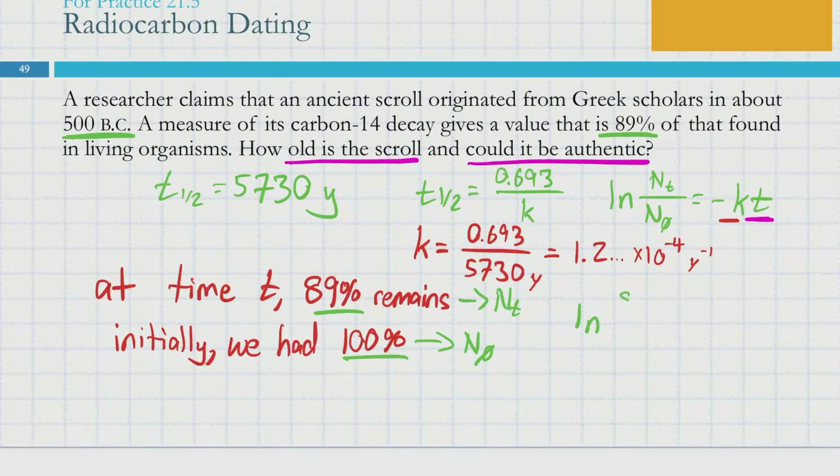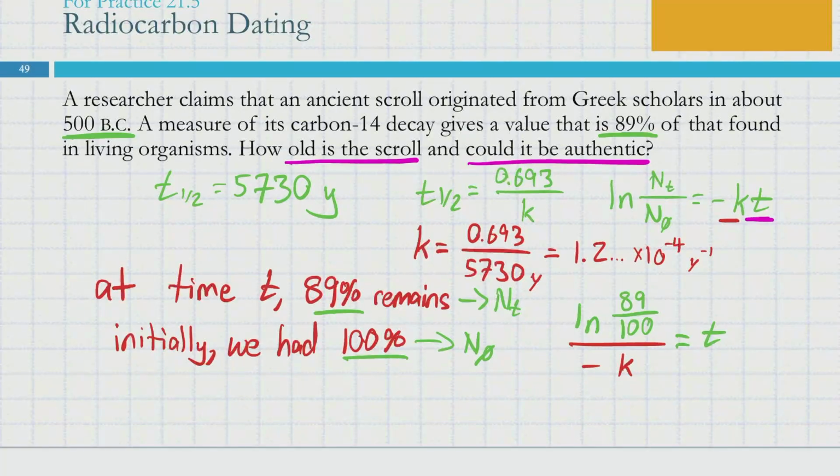So natural log of 89 over 100, also over negative K, if we wanted to do it all in one step, equals T. So natural log 0.89 divided by negative K.